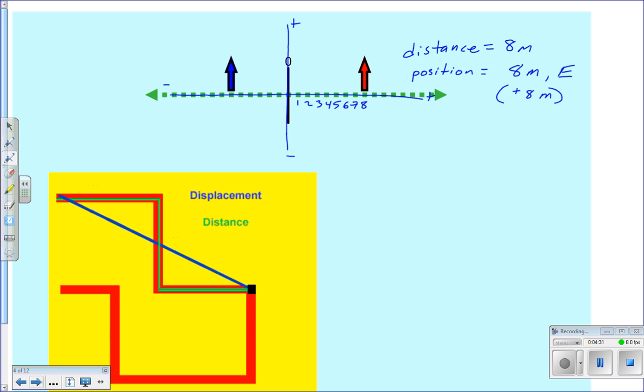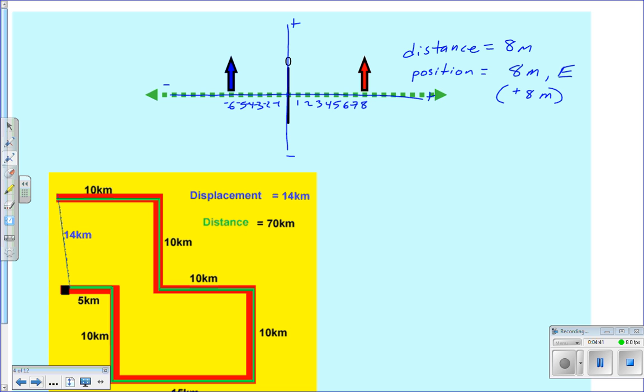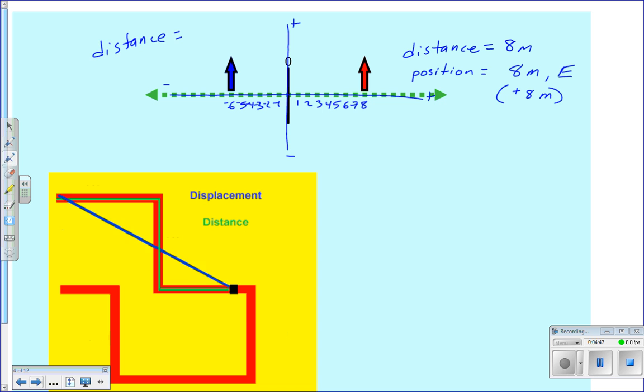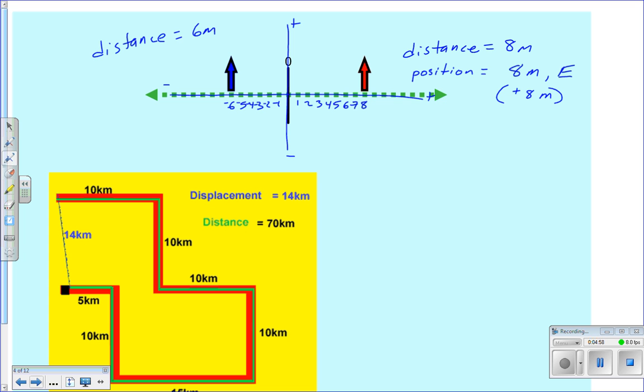Okay, so in that case, the blue arrow over here, these are all negatives, of course, has a distance of 6 meters. Notice that with distance, we don't bother putting a positive or a negative or anything, because it's just how far away is it. It's not including a direction.